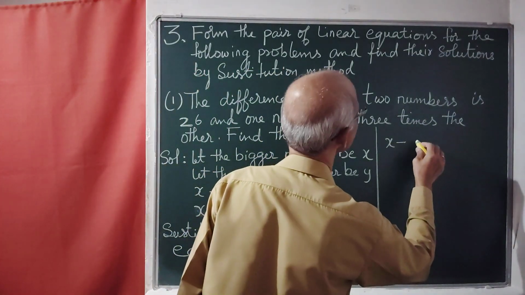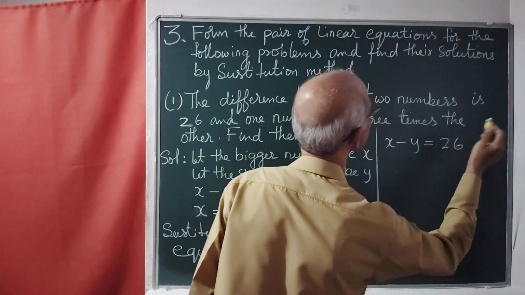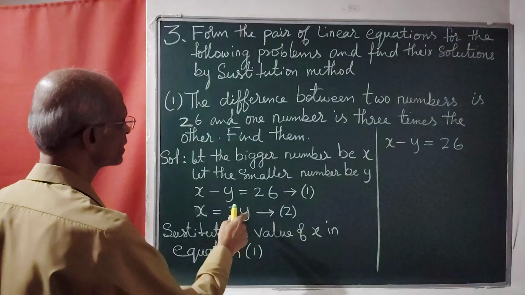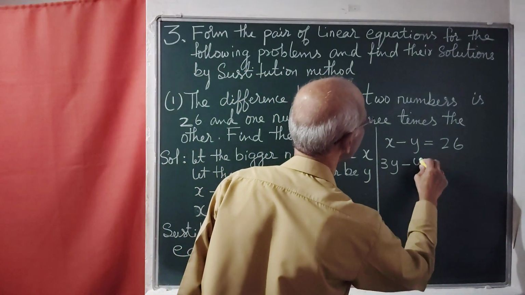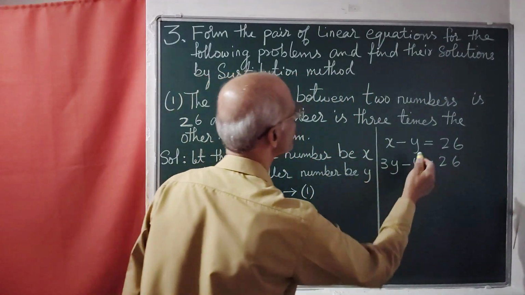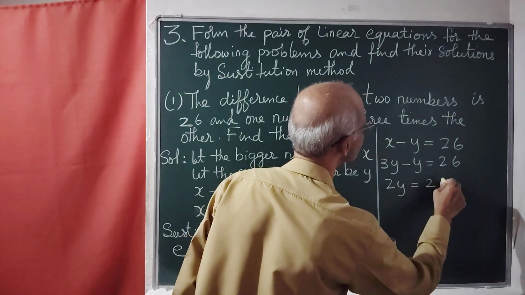Equation 1 is x minus y equal to 26. In the place of x, I have to put 3y. So 3y minus y is equal to 26. 3y minus y is 2y. 2y is equal to 26.